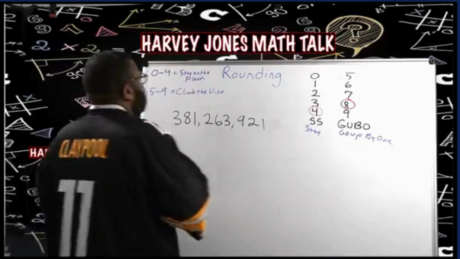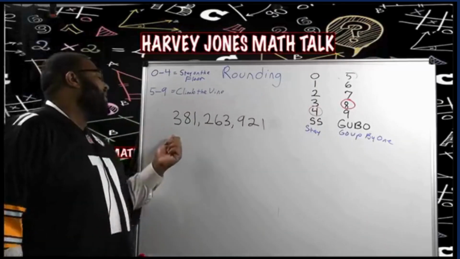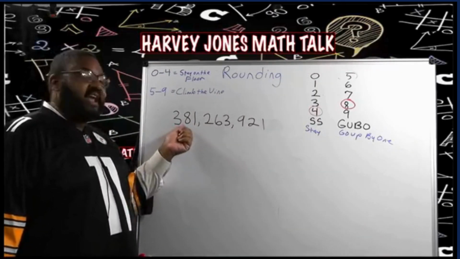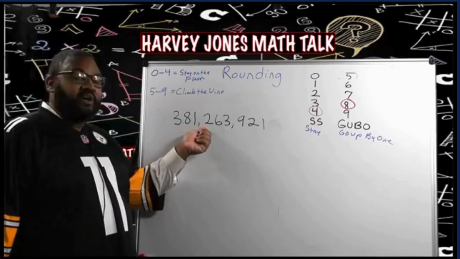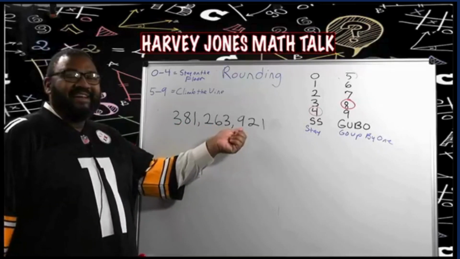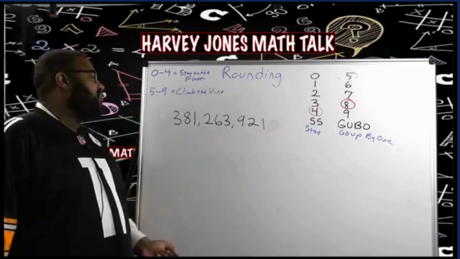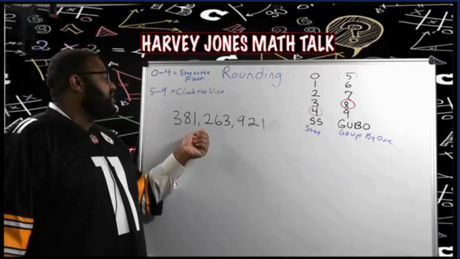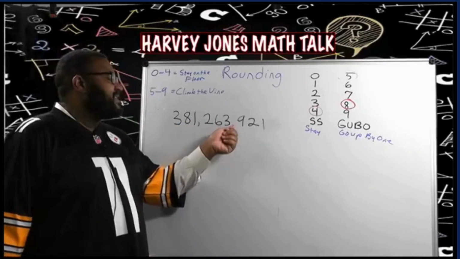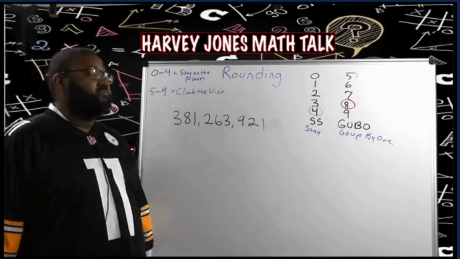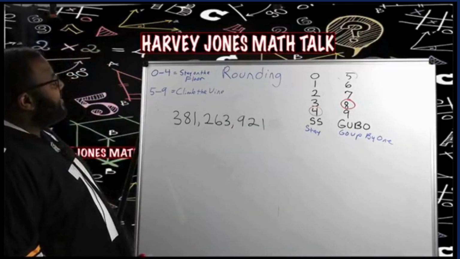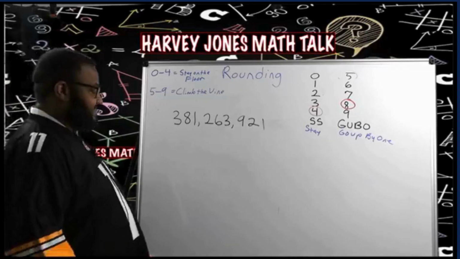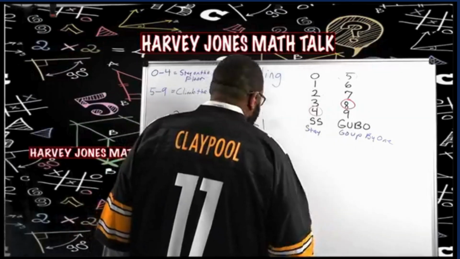Real quick, just in case you did not know how to read this: 381 million, 263,921. And I want to round to the millions place.